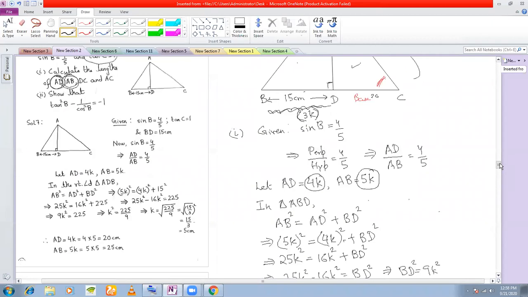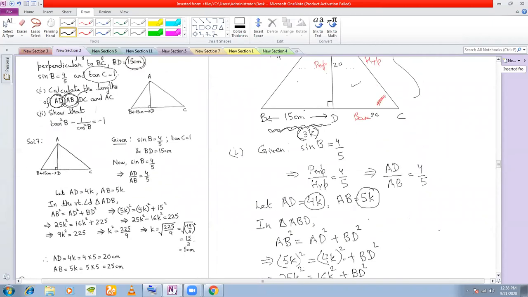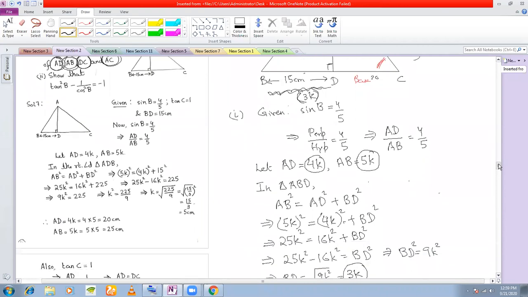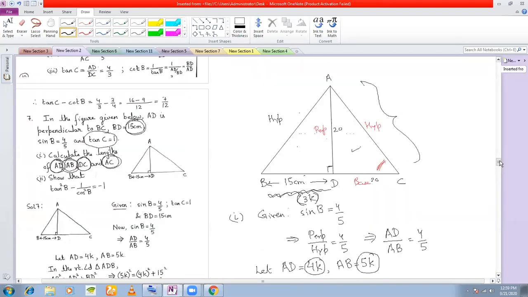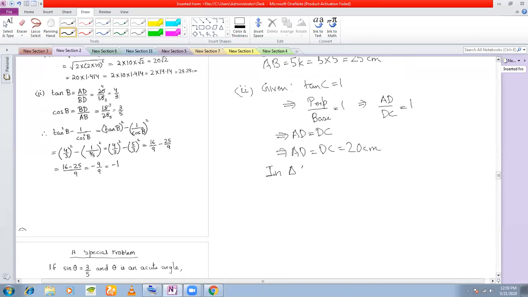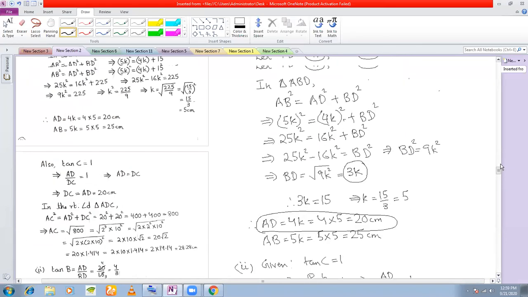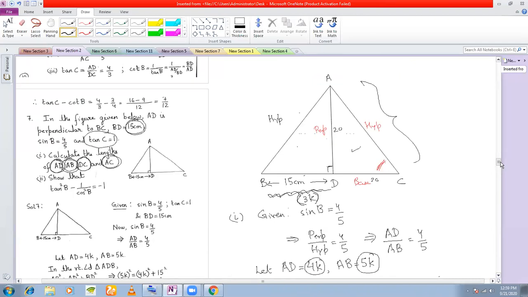The third question is also answered here. You had to find out the length of DC. So we have found out the length of DC as 20 centimeter. Now we are proceeding to find out the length of AC, which we can by Pythagoras theorem. So in triangle ADC, AC square, hypotenuse square, is equal to AD square, perpendicular square, plus DC square, which is the base square.